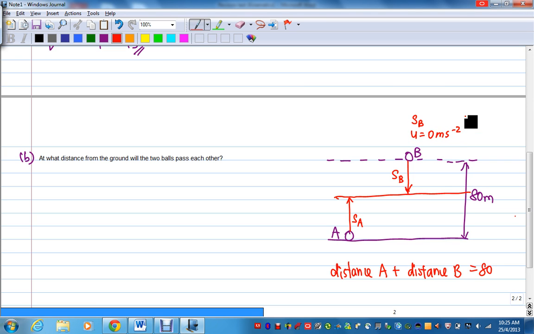We also know the acceleration because it's free fall. Same thing, let's take downward positive, so my acceleration here will be 9.81 meters per second squared. Then for SA, I know that it is being thrown upward and the initial speed is 25. Because I'm taking downward positive, your u will be minus 25 meters per second.